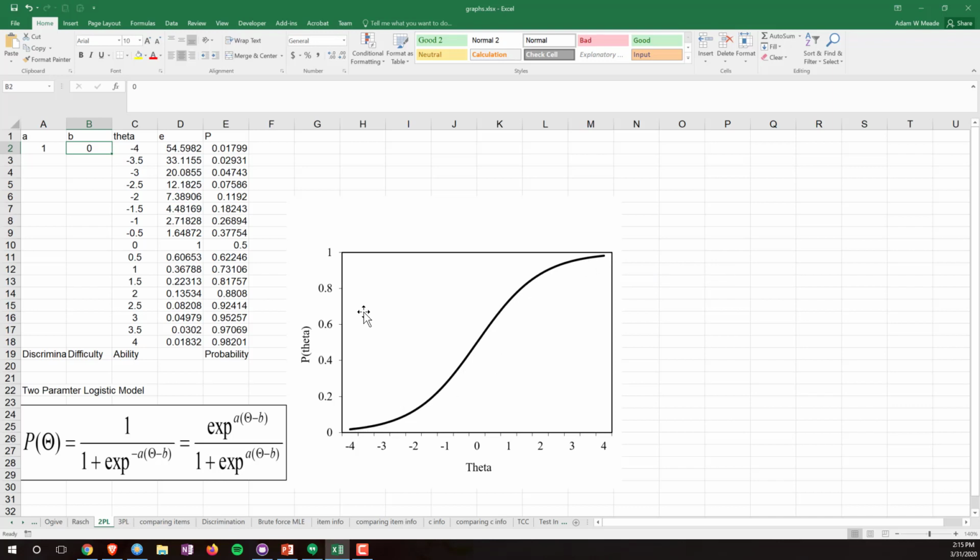It says this is what your probability should be given theta according to the model for these item parameters, right? That's what the model is telling us. But we could also empirically estimate this, right? If we had known thetas, we could look at the percentage of people at a theta of 0 getting the item correct, and we hope it lies on this line here, but it may not lie exactly on that line. And essentially, just like in regression, the fit of the model is how well the empirical data stick to this line that the model says it should. And that's the basic notion behind what fit looks like there.